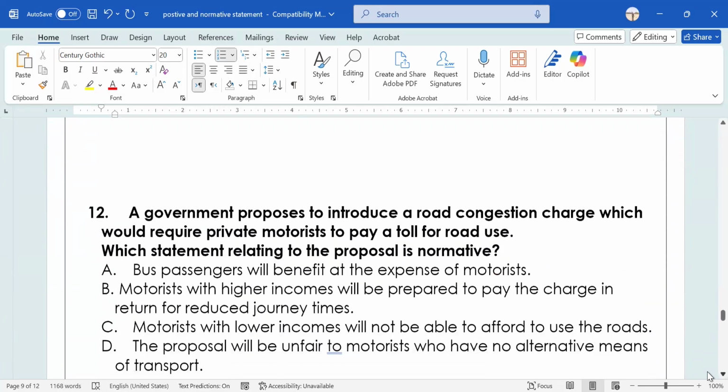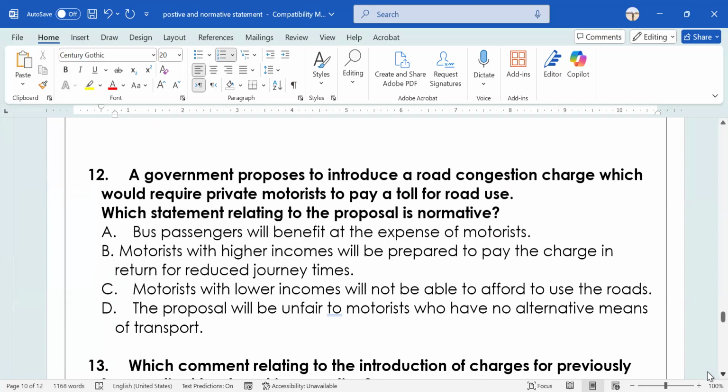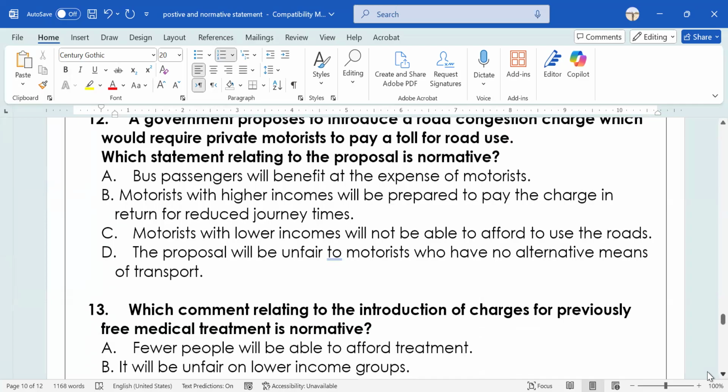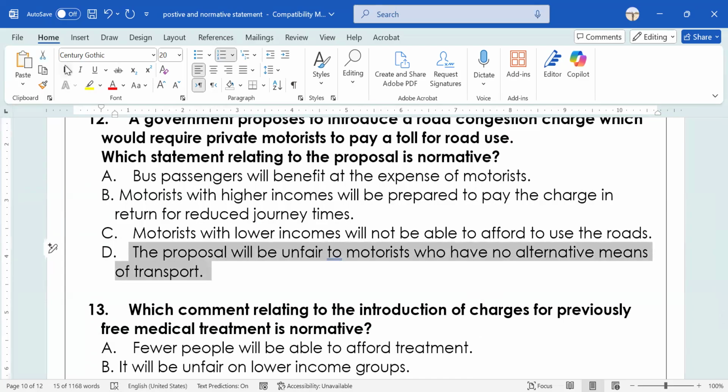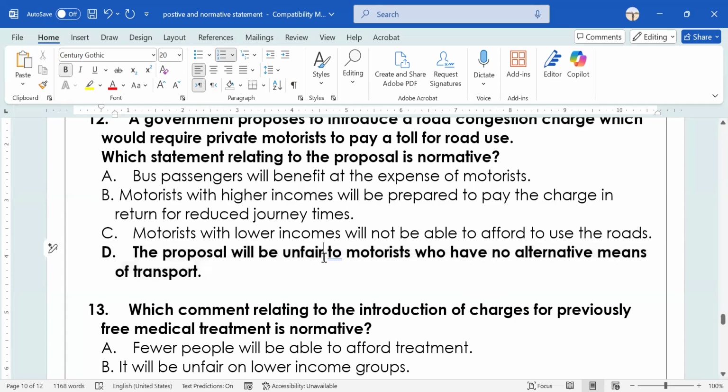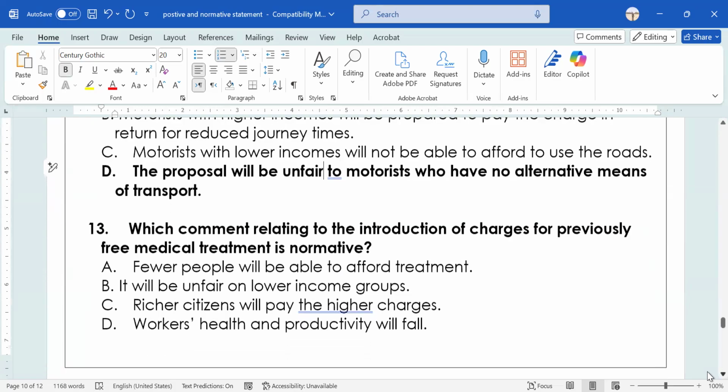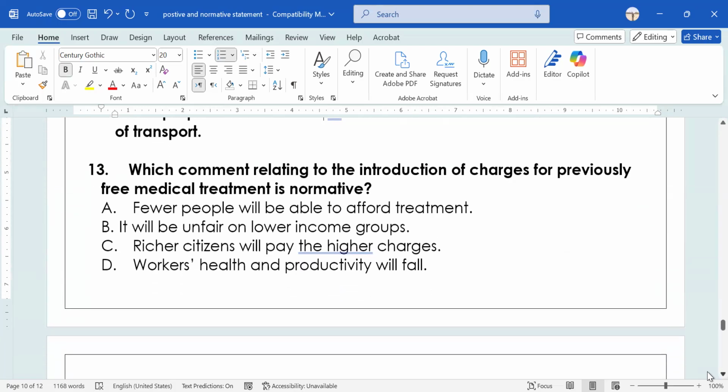And I guess the last two. I think we're done with number 12. Number 12 is letter D. Why? Because of the word unfair. Number 13: which comment relating to the introduction of charges is normative?